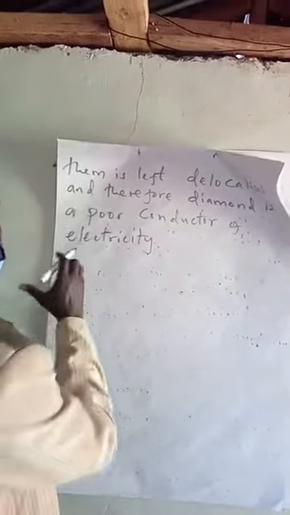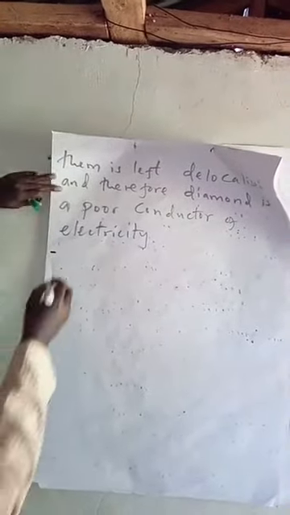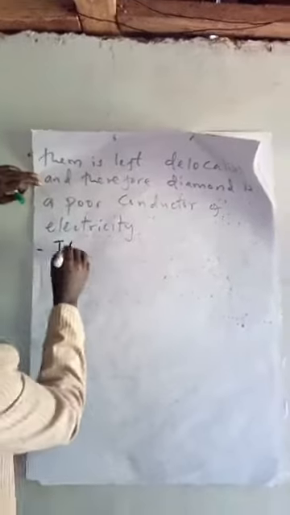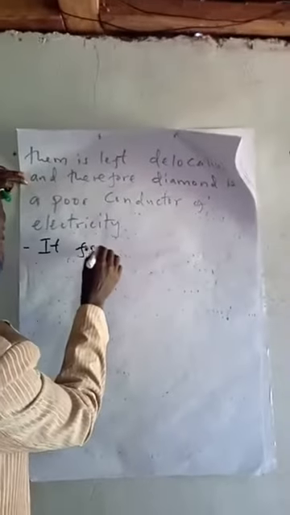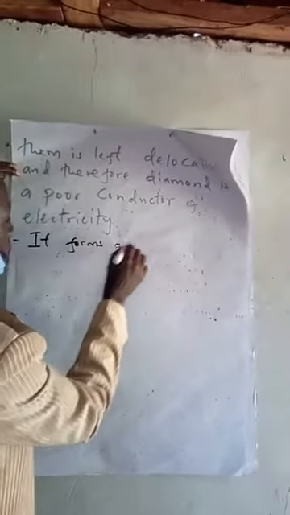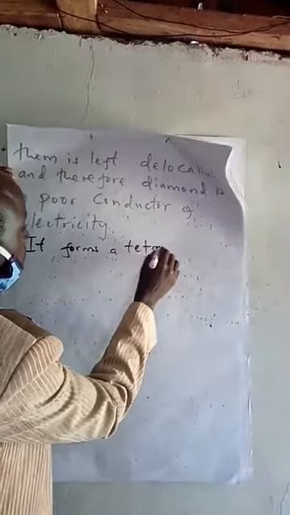Two, about diamond is that it forms a tetrahedral structure.